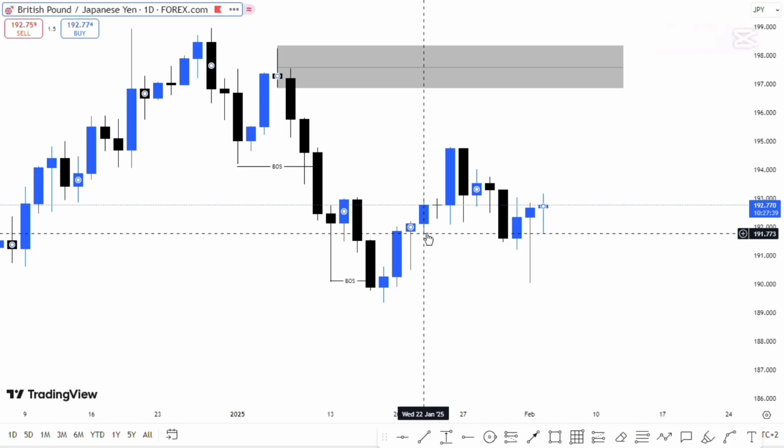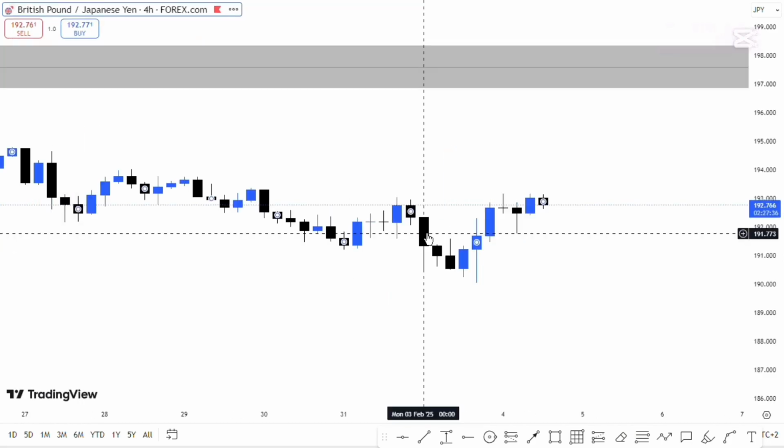So this is what we have from the daily time frame. Let's move down to the 4-hour time frame.